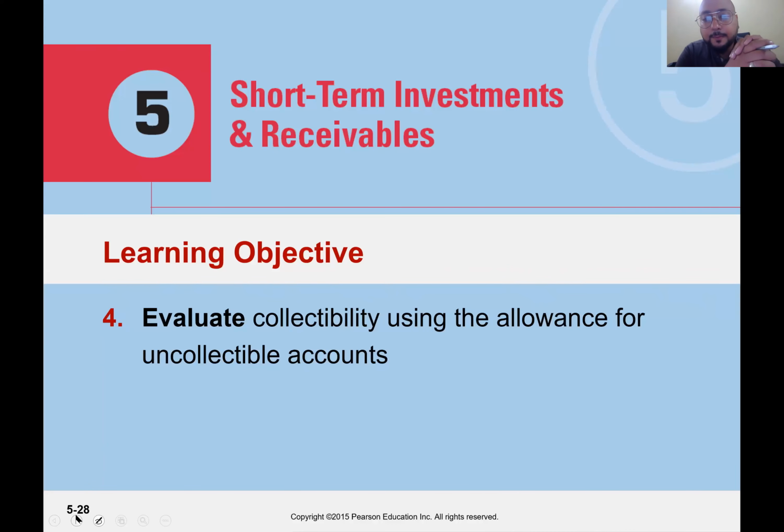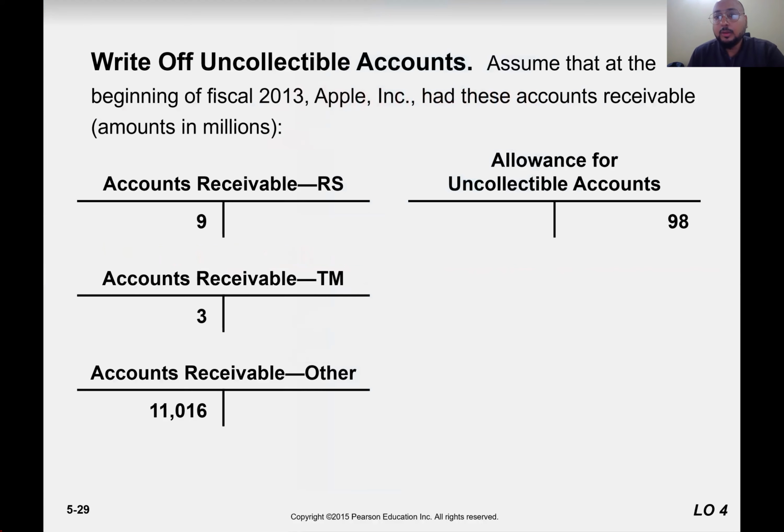So now we have our next learning objective, which is to evaluate collectibility using the allowance for uncollectible method. Evaluating means, after time passes, what happened? So we have the illustration here. Assume that at the beginning of the fiscal year, the account has these balances.